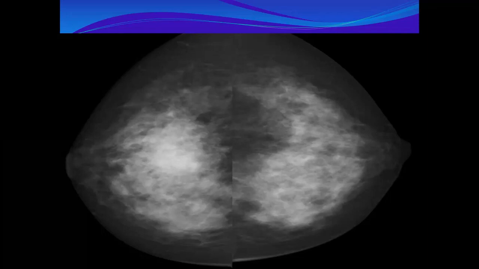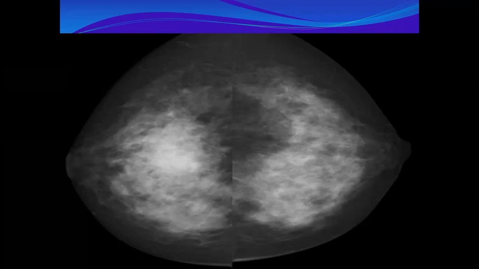Would you appreciate any asymmetry? Because our concern today, our lesson, is regarding breast asymmetry and differentiating it from a mass. Could you see a mass or could you see any asymmetry?